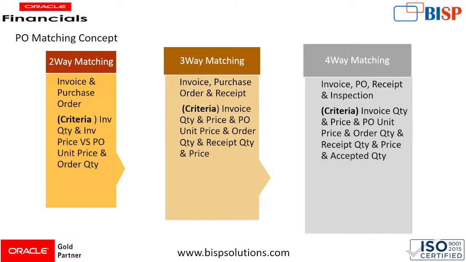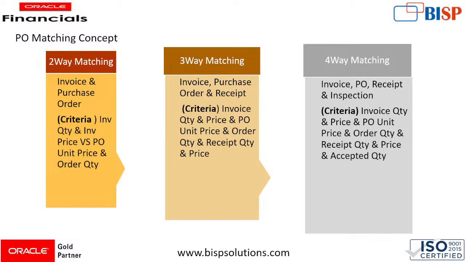With inspection, you check whether the material was received in good condition or not. On that basis you enter the invoice and make the payment to the vendor or supplier. So as per the business use case, they require computers, laptops and printers for the US Miami business with a 4-way matching concept.